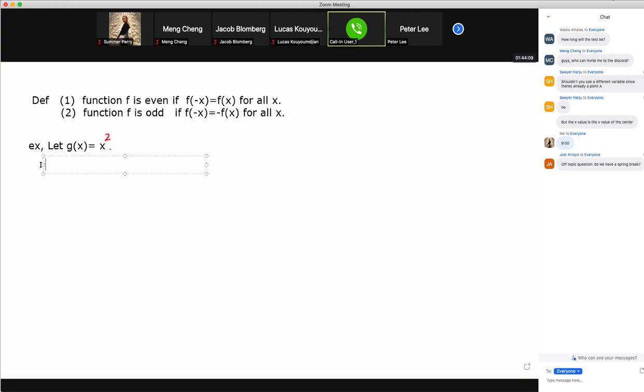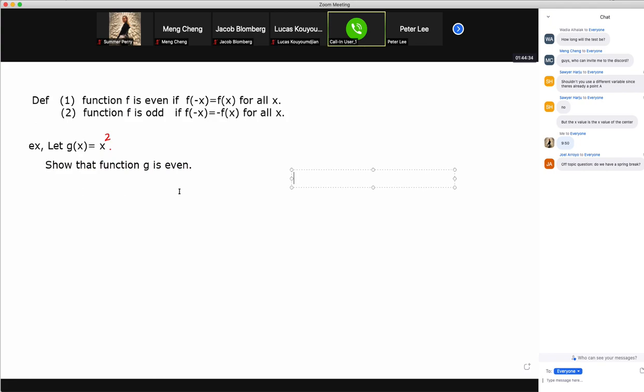Show that function g is even. So how do you show this? Now let me do, let's say, solution 2.